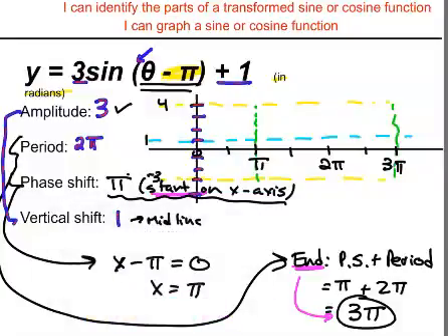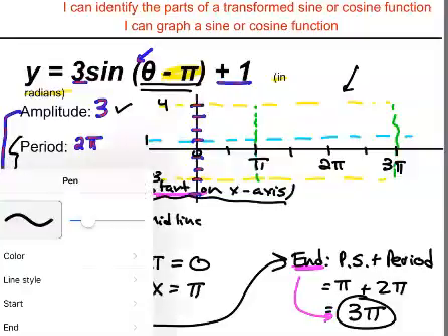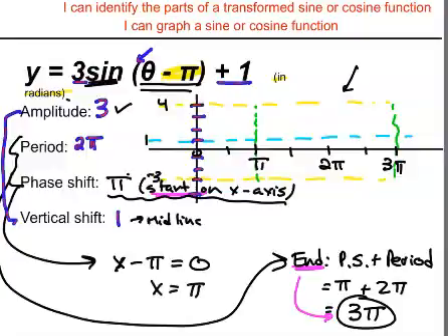So within this box that I've made, that's where our graph is going to be. At least one cycle of the graph. That'll be one correct cycle of the graph. Now, at least we have this going for us, that it's not a reflected graph. It's just a regular sine graph.